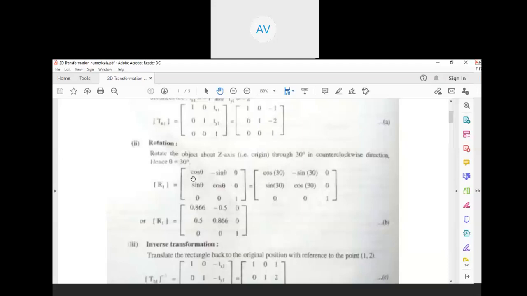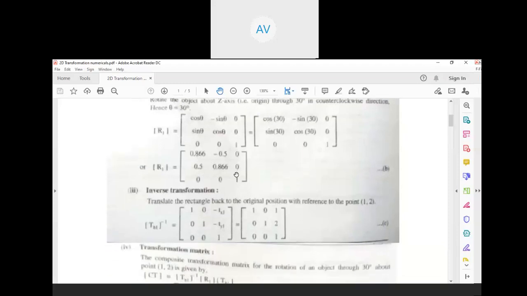The rotation matrix we know: [cos theta, -sin theta, 0; sin theta, cos theta, 0; 0, 0, 1]. This is the general rotation matrix for rotating the object about the z-axis, so the object rotates in the xy plane. Here we replace theta with 30 degrees, and after solving we get this matrix.